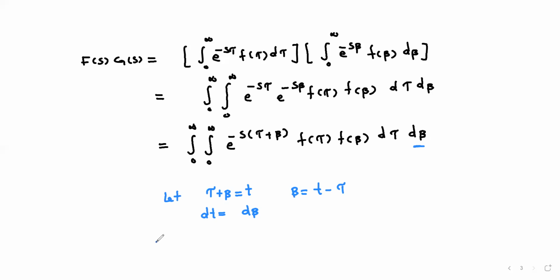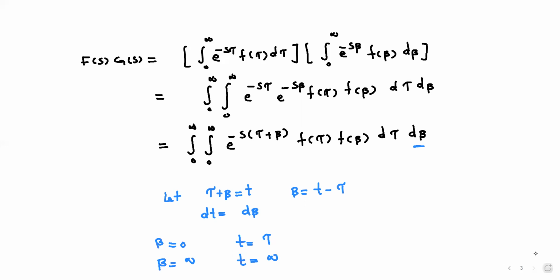When beta is equal to 0, t is equal to tau. When beta is equal to infinity, then t is equal to infinity plus tau, which is equal to infinity. So in the case of t, our limit will approach from tau to infinity.